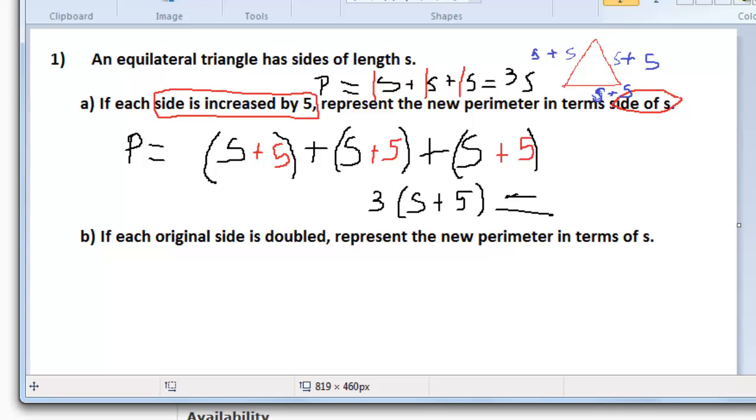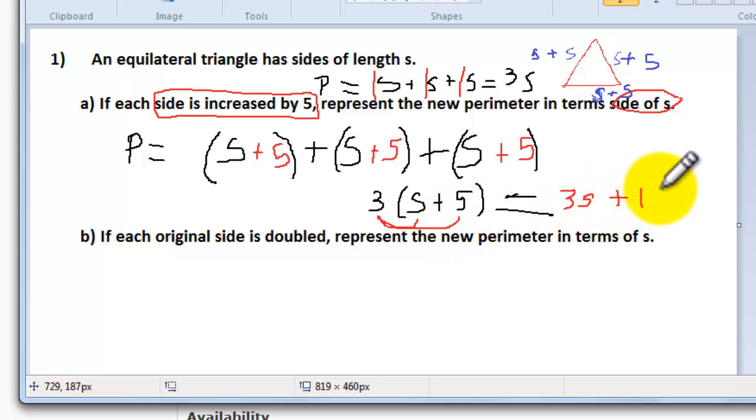But to expand the expression, and we say expression because it's not equal to any number, we're just setting it equal to a P. When expanded it would be 3S, and you're just doing the distributive property, 3S times, and then times the 5, that'd be plus 15.